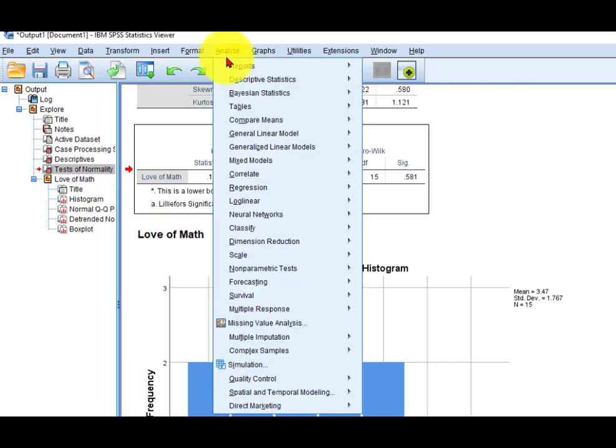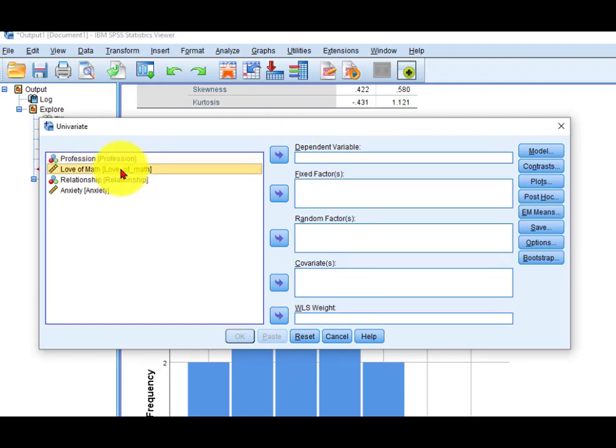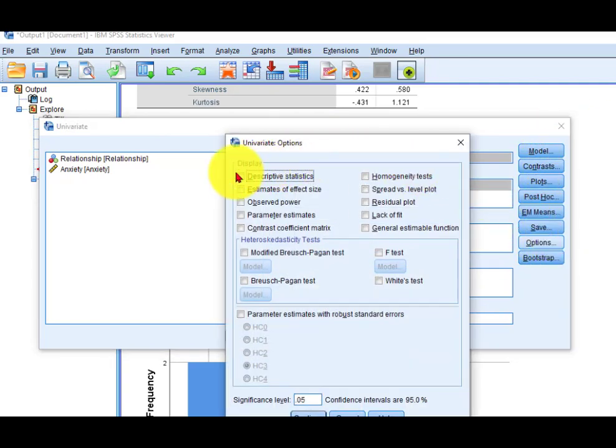We're going to go to Analyze, General Linear Model, Univariate. Our DV is what's physically being measured for every group, and that's the love of math. Fixed factors is the profession variable. We're going to go to options first. We always want the descriptive statistics, effect size, power, and homogeneity of variance.